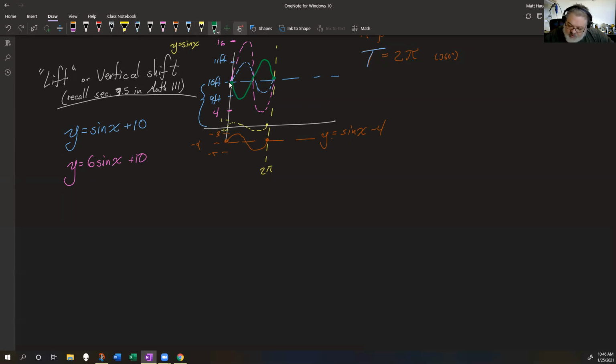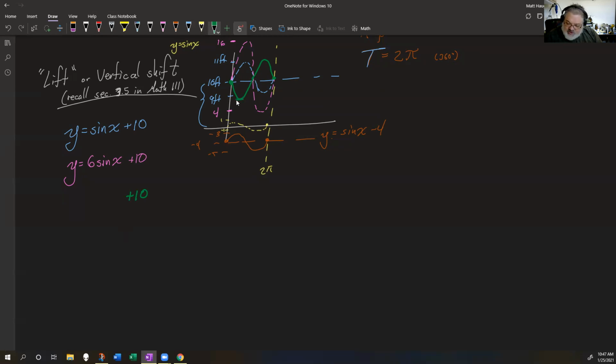So for whatever reason, whatever we're modeling drops down before it rises up. So we want to reflect it vertically. Well, its period hasn't changed and its start position hasn't changed. So nothing's happening to that x value. The equilibrium is still at 10. So we're still going to have a plus 10.